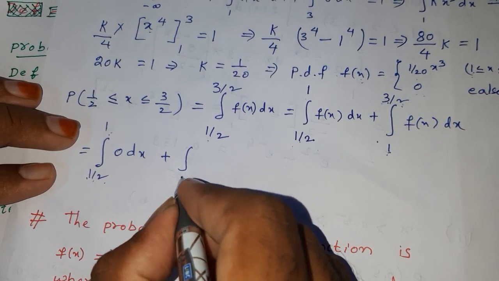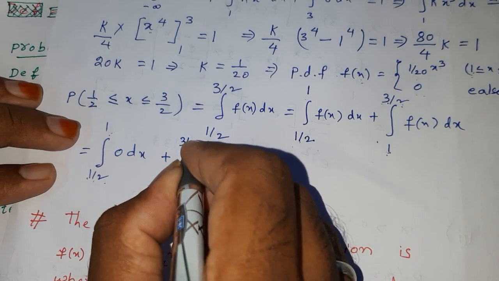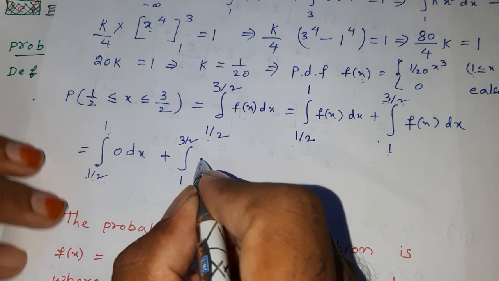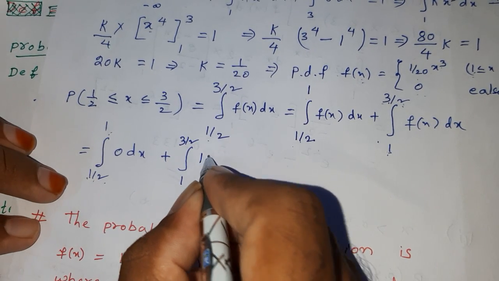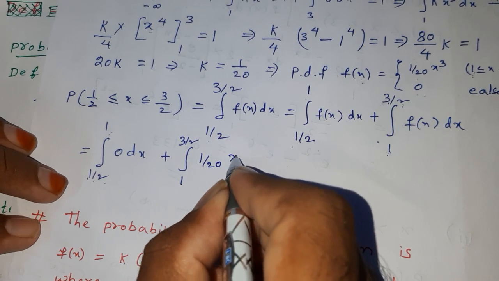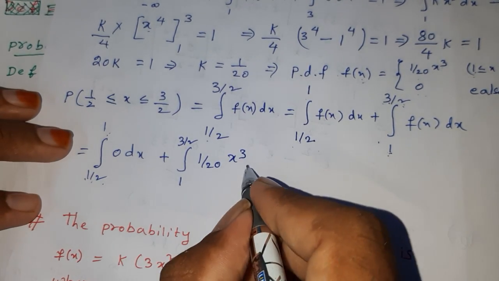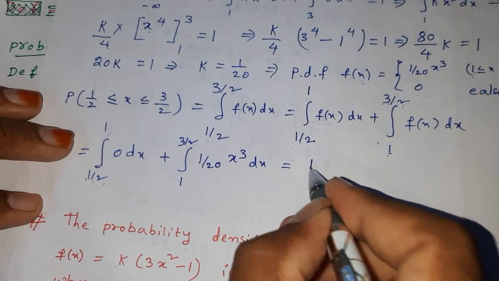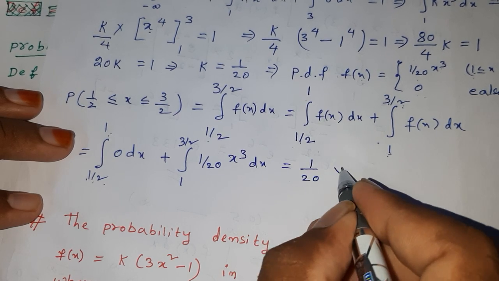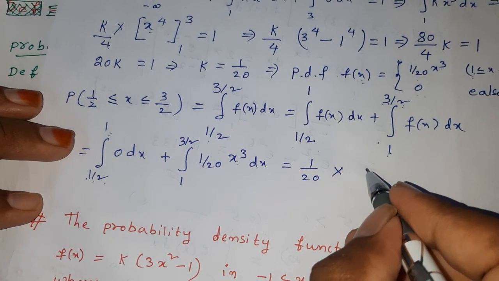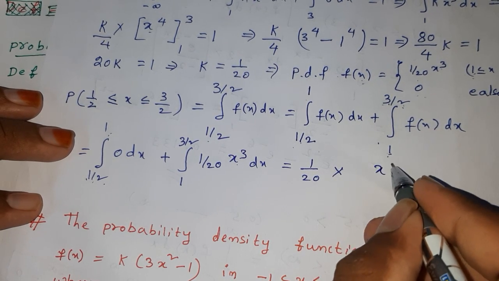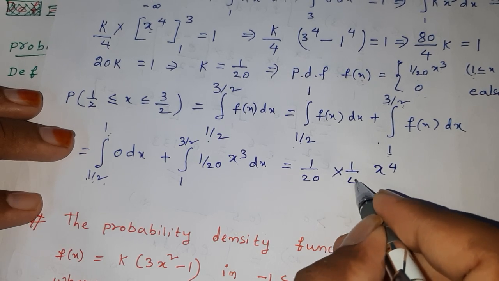So we integrate 1/20 x cube dx. 1/20 is constant, and the integral of x cube is x power 4 by 4.